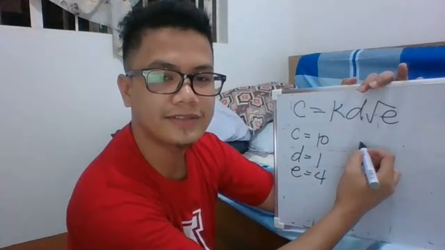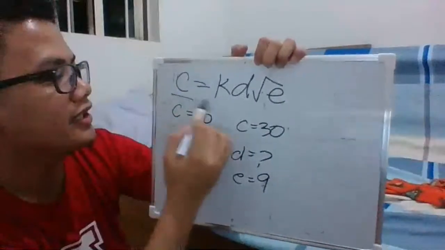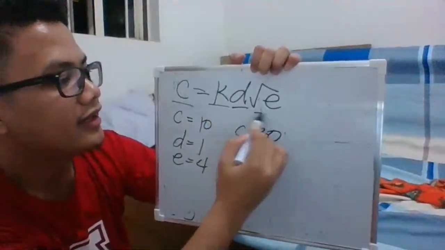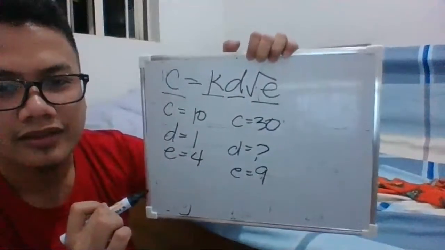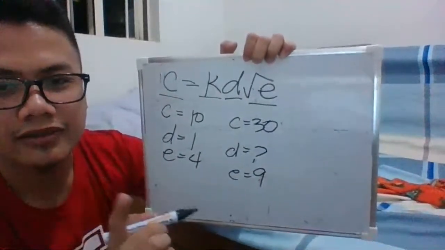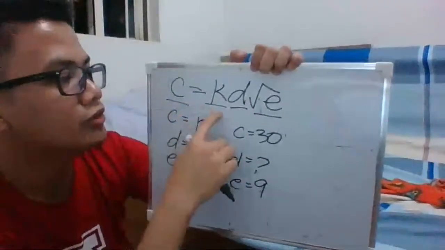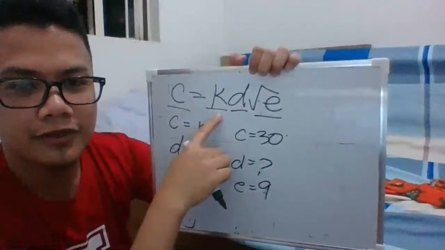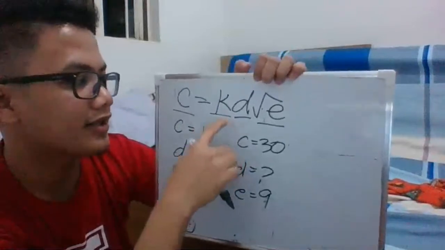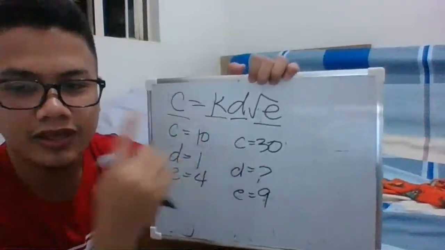Then for the second sets of given, we have C equals K D square root of E. So this is a joint variation already. Bakit? Kasi we have more than 2 variables this time, except for the constant or the K.